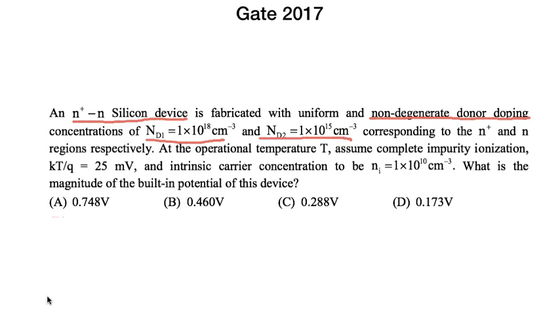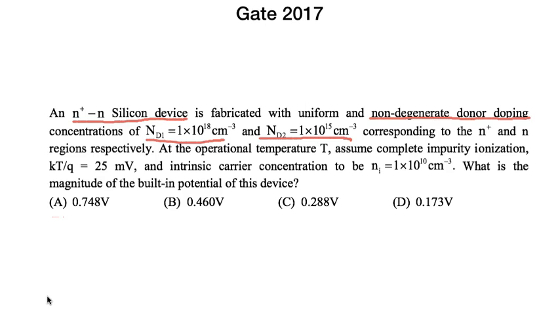corresponding to the N plus, that will have more number of electrons as compared to the N region. At the operational temperature T, assume complete impurity ionization, and kT by q and intrinsic carrier concentration are given. What is the magnitude of the built-in potential?